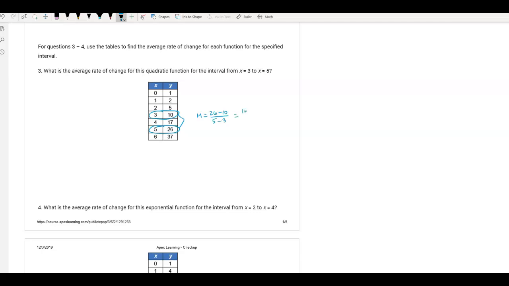That would give you 16 over 2, which is 8. So the average rate of change for the function for the interval x equals 3 to x equals 5 is 8.